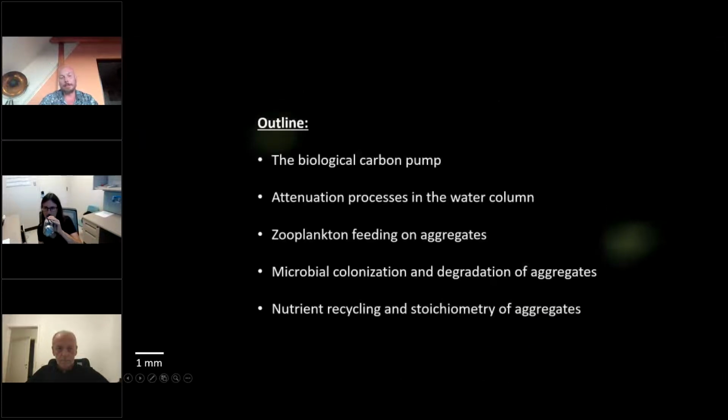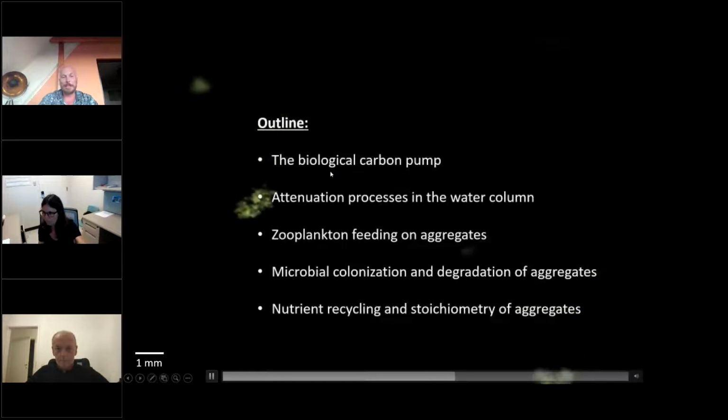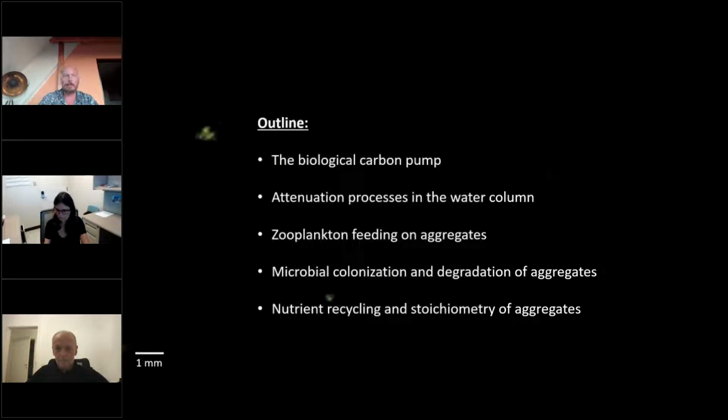Here we have a little video that we made with an ROV, a remotely operated vehicle, an underwater camera, where you can see these particles sinking slowly down through the water column. For now, I'm just using it as a nice background for the outline. Tonight I will tell you a little about the biological carbon pump, and then we will go into the different attenuation processes through the water column.